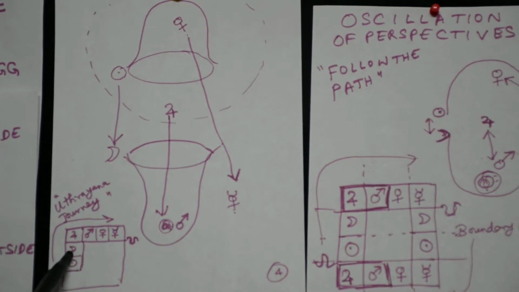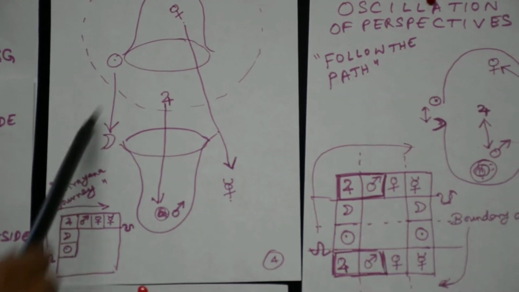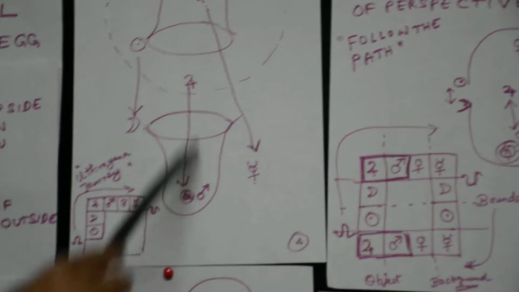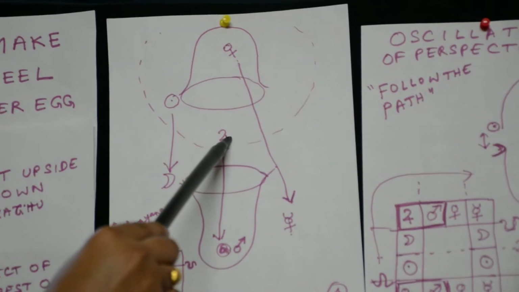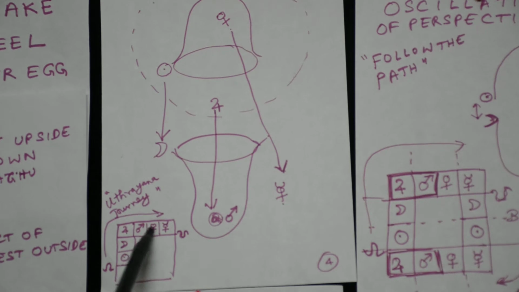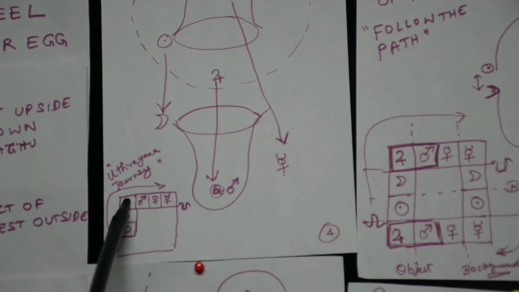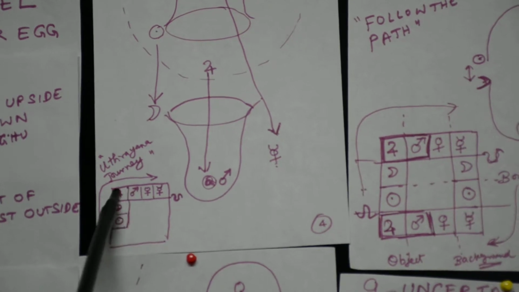So from Sun to Moon. Now when the part was upright, the object was outside. So in this state of the part, the object is outside from Jupiter, and then suddenly it's flipping to Mars, where the object is inside. From Jupiter to Mars, the change of state of the object.